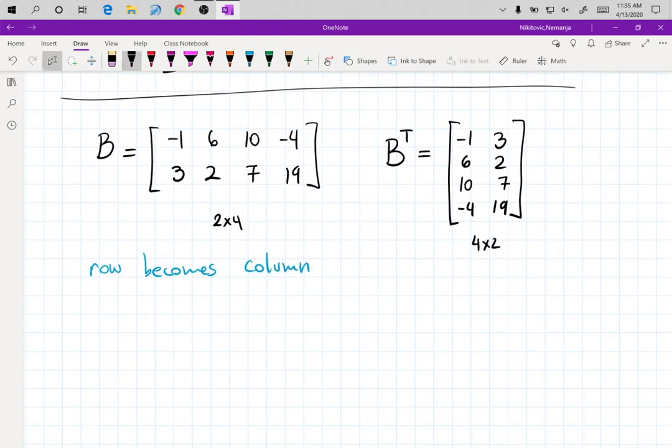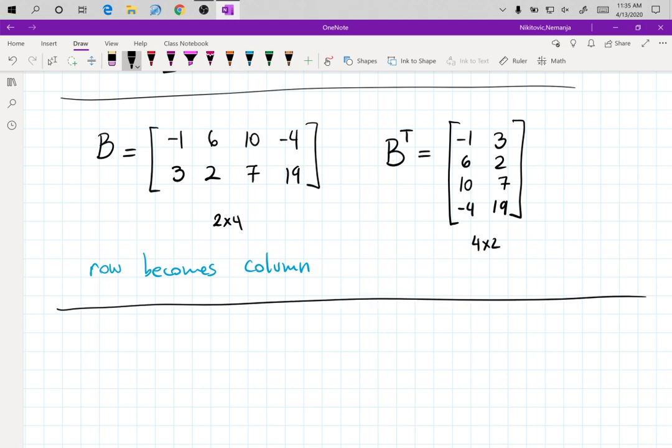All right, so one thing that I will be mentioning a lot and using a lot as our terminology, we can write vectors as matrices, and we will call them row vectors and column vectors.